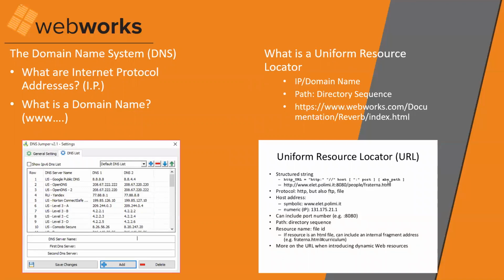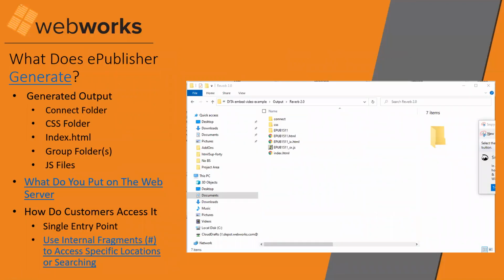And then what's important to us is the path on that server where it's located. And then finally, there's an entry point file at the end. Usually it's index.html. And then it may or may not have a fragment identifier as well, usually a hash character.